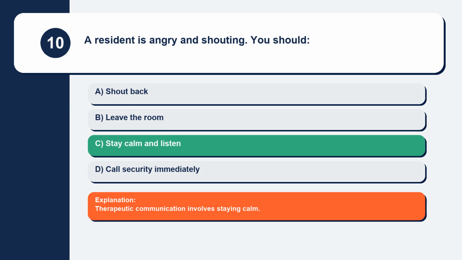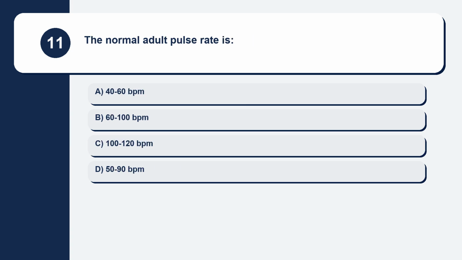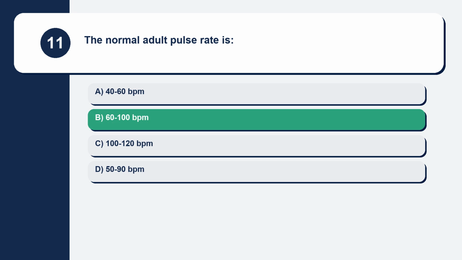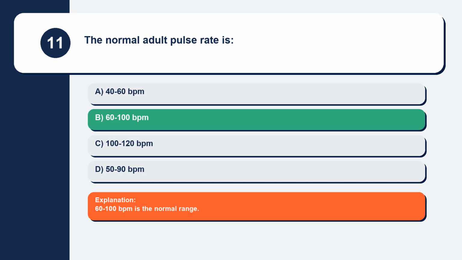Therapeutic communication involves staying calm. Question 11. The normal adult pulse rate is 40-60 bpm, 60-100 bpm, 100-120 bpm, 50-90 bpm. 60-100 bpm is the normal range.